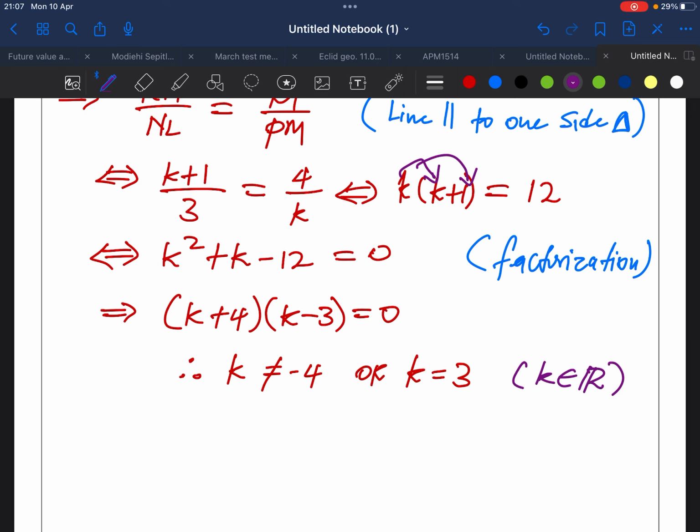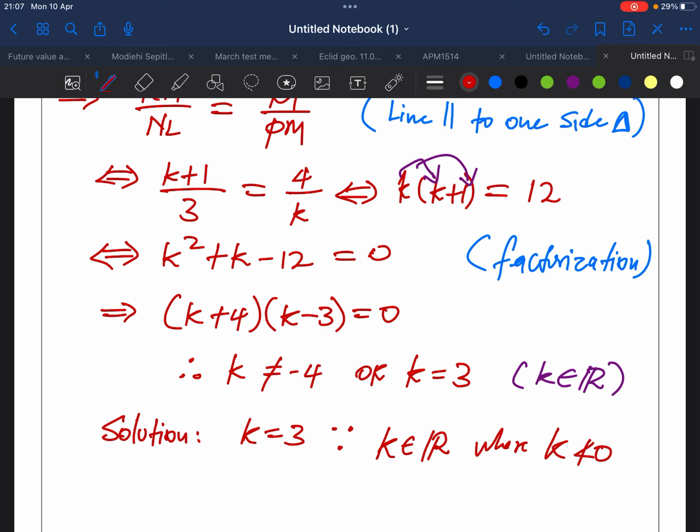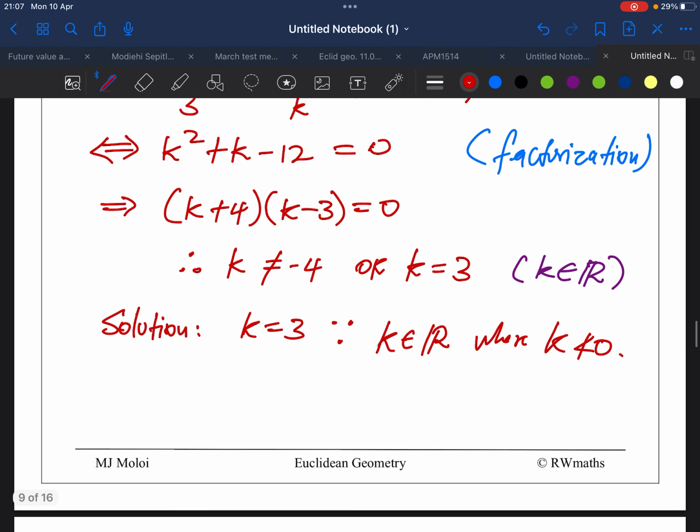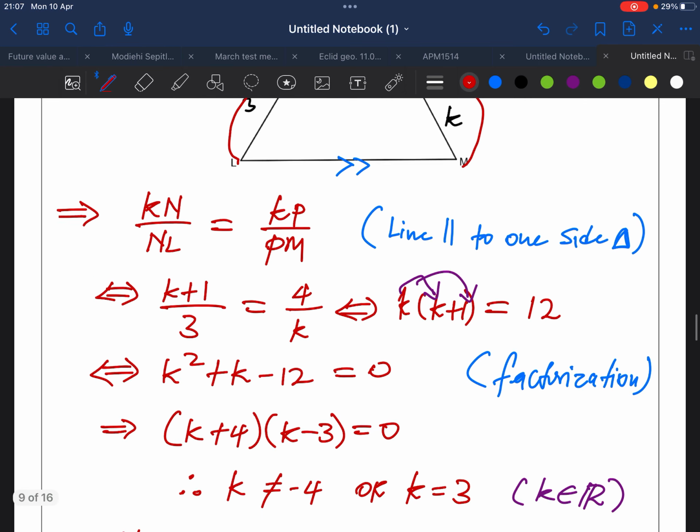Therefore our solution will be K equals 3, because K is an element of real numbers where K is not negative. So that's our solution. Remember that you must provide a good and fully detailed solution when it comes to Euclidean geometry.